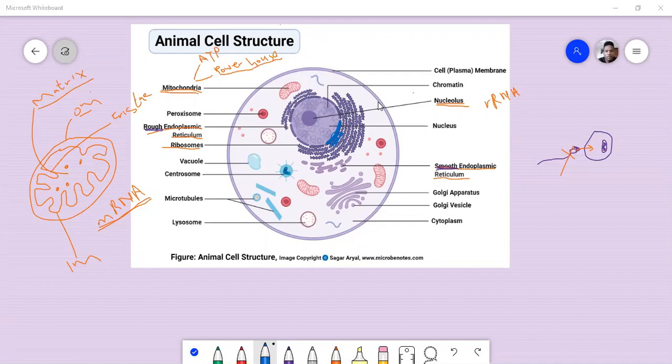So we have two types of endoplasmic reticulum. We have the rough endoplasmic reticulum, and then we have the smooth endoplasmic reticulum. This is what I want you to know, the difference between the two. The rough endoplasmic reticulum is abundant in cells that synthesize and secrete proteins.